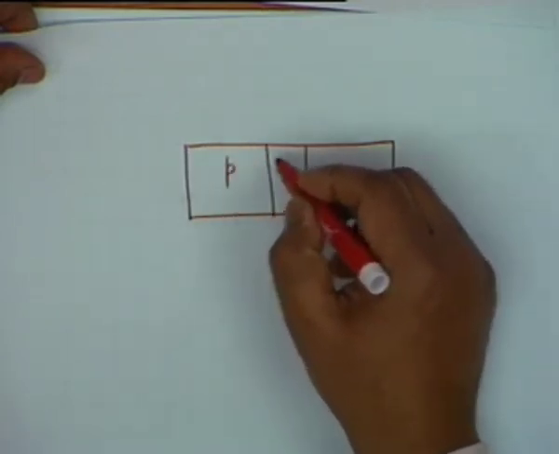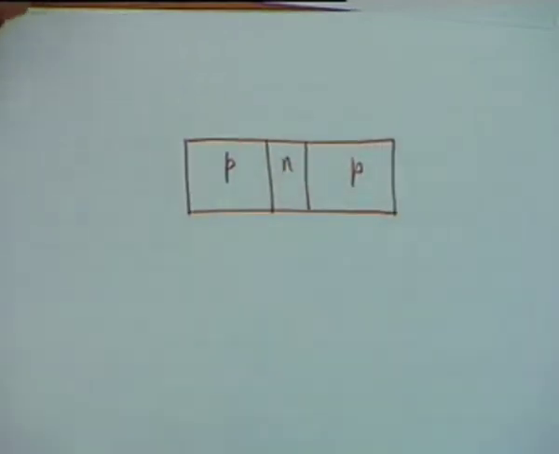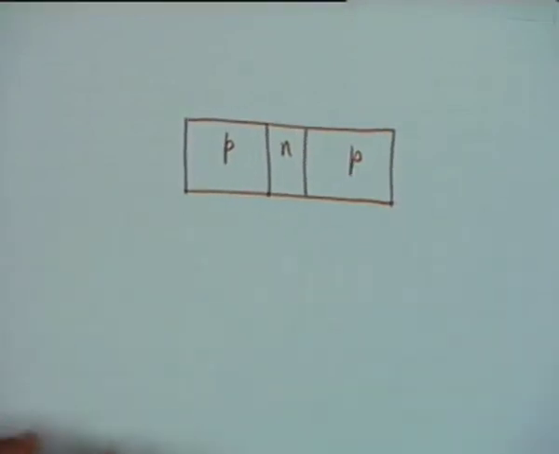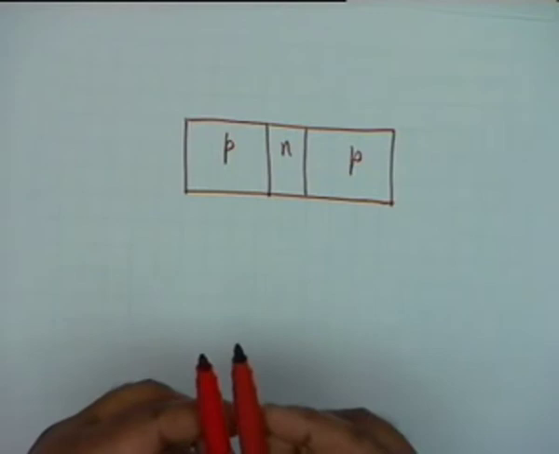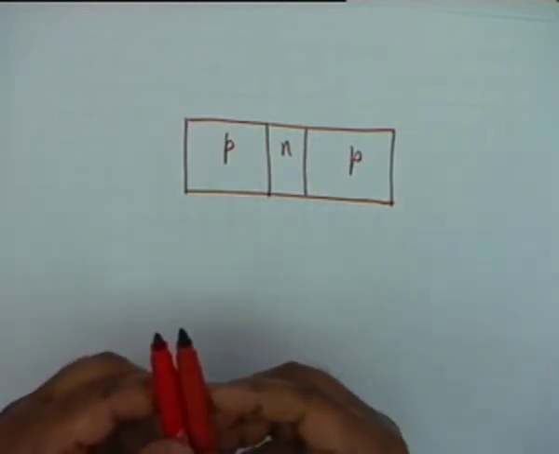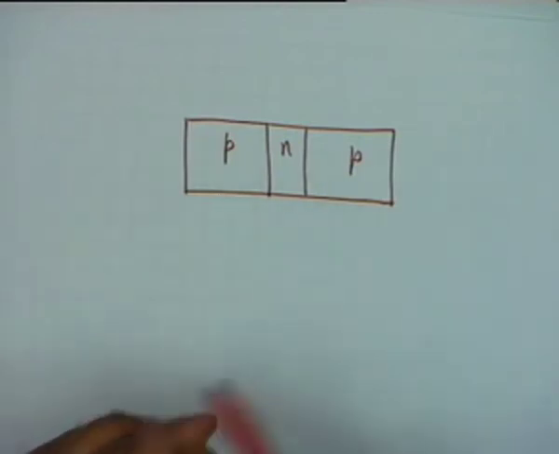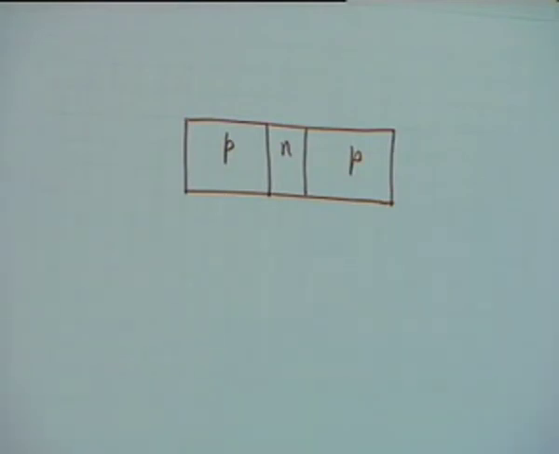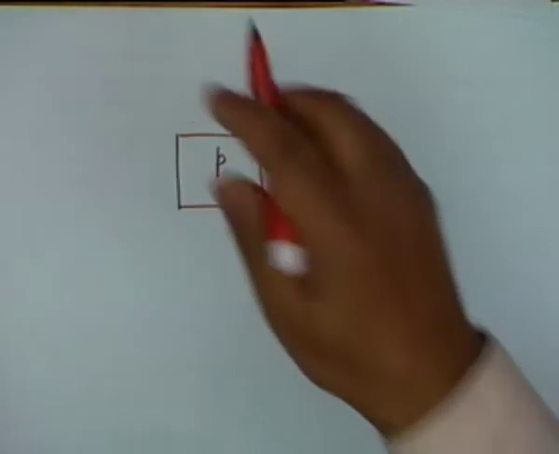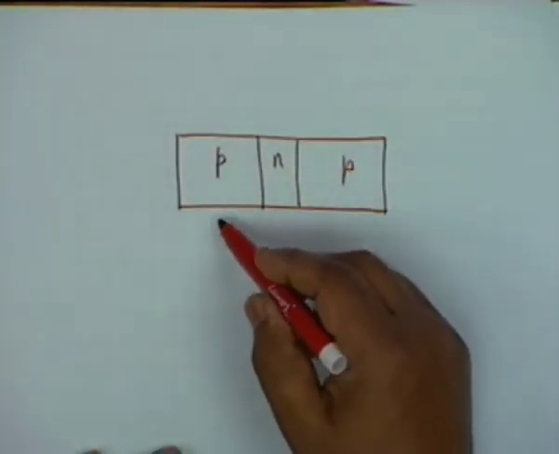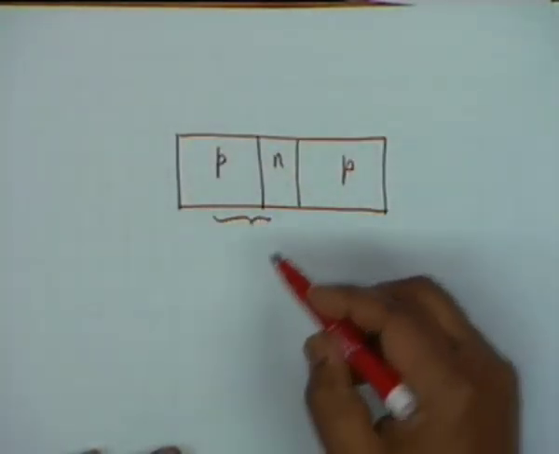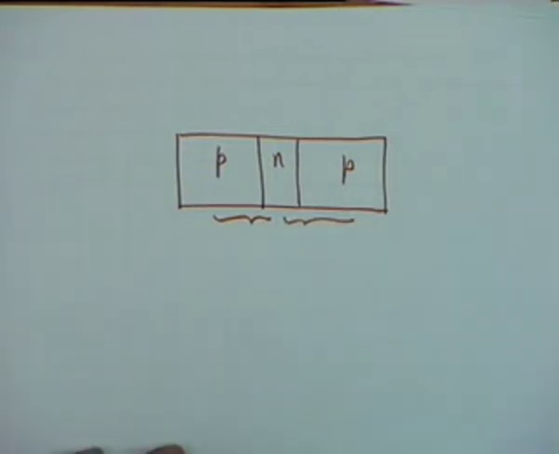You could have two junctions like this, metallurgically prepared. They are not juxtaposed. That means you don't make a junction and then just make a contact between the two junctions. No, it is metallurgical fabrication, and how it is done we shall look at in a moment. But you notice that there are two junctions here. One is this p-n junction and the other is this n-p junction.